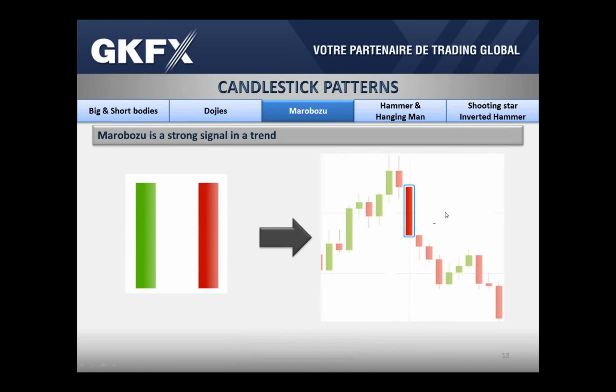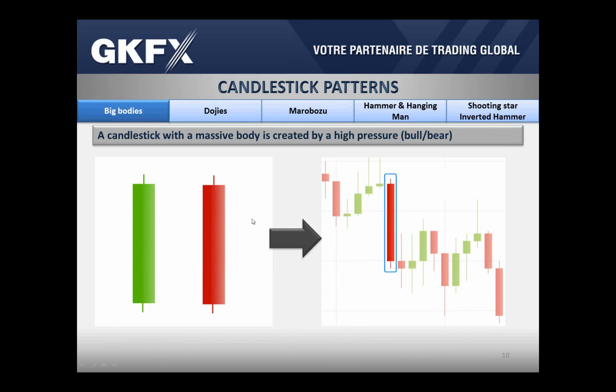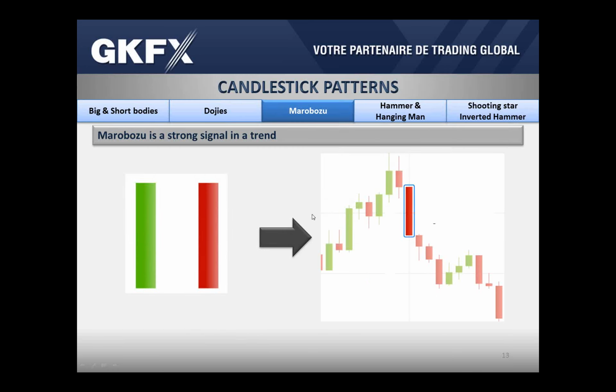Now the Maru-Bozu. So here we saw big bodies, so it's a candlestick with very short shadows and a big body. Here is a Maru-Bozu. It's quite rare to spot a Maru-Bozu on a chart, but it happens. It's not so rare. So here you can see there is no shadow. It's just a body.